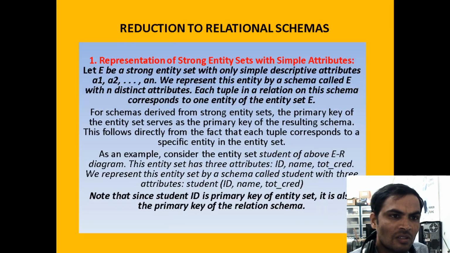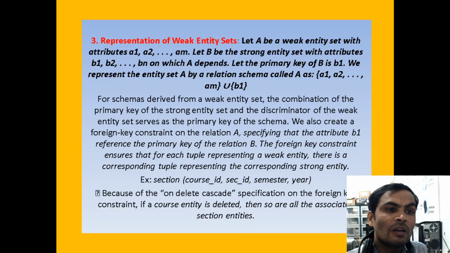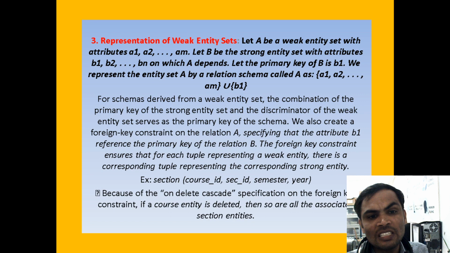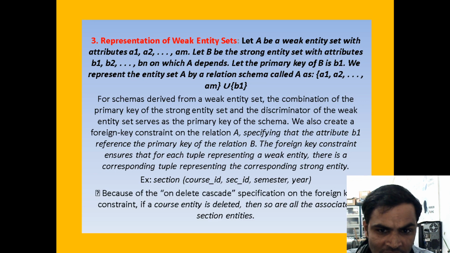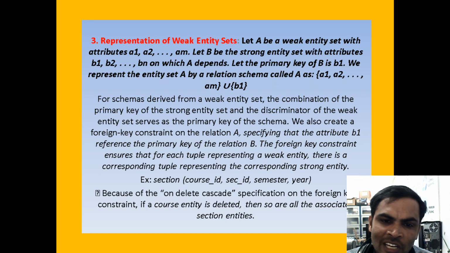Next, we have one more representation, that of the weak entity set. Just now you saw the representation of the weak entity set. When you are defining the entity and under its attributes we are not defining any primary key constraint, then we call it a weak entity.